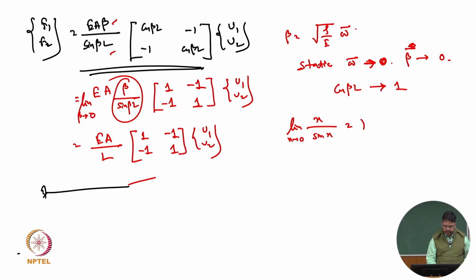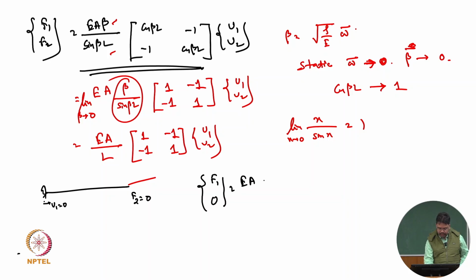So how can we do that? We can say that on this side my displacement u1 is equal to 0, and on the other side the force is equal to 0. If I write the matrix here, F1 will be some value because F1 is the reaction force. F2 is 0.